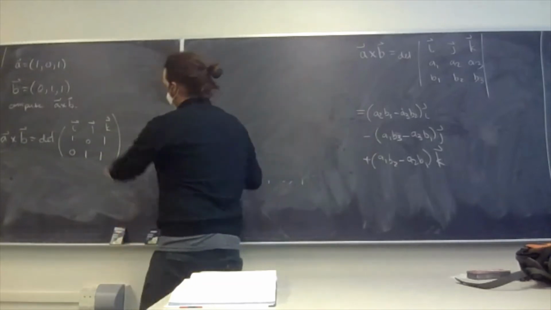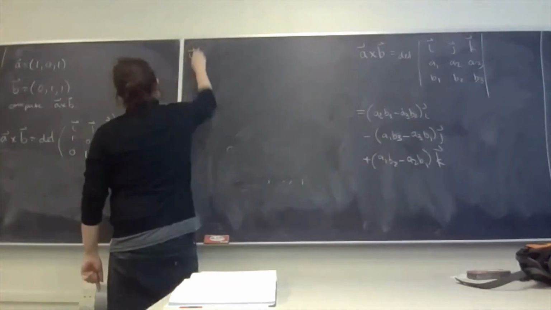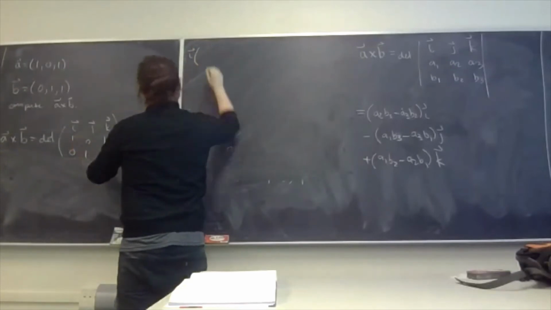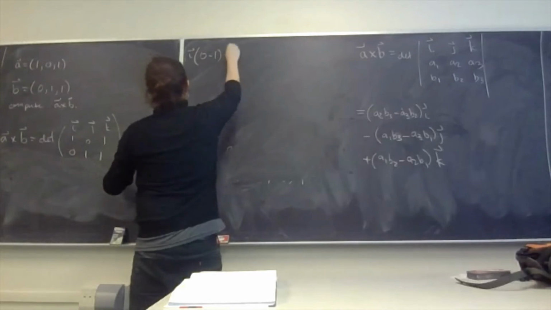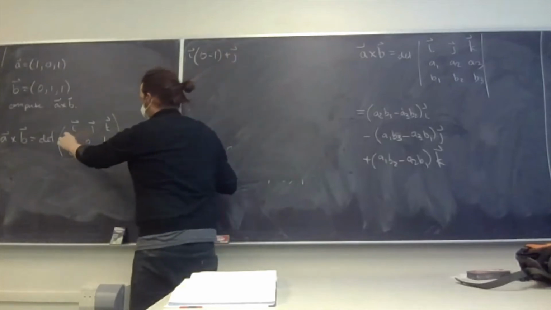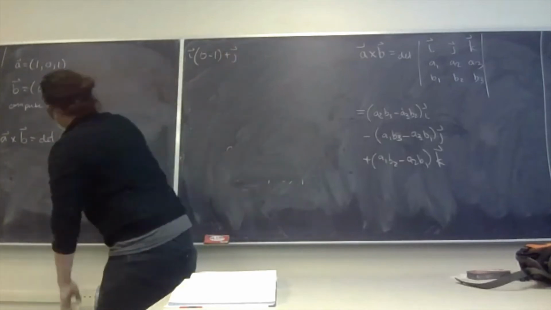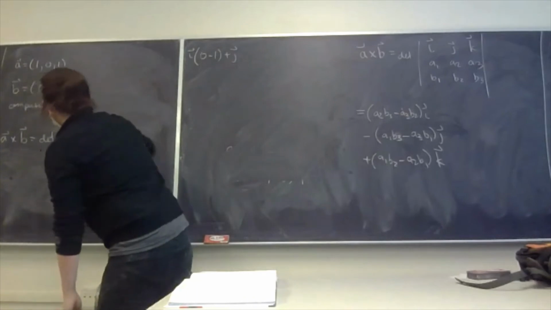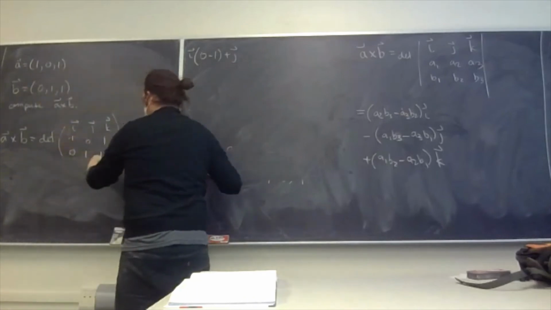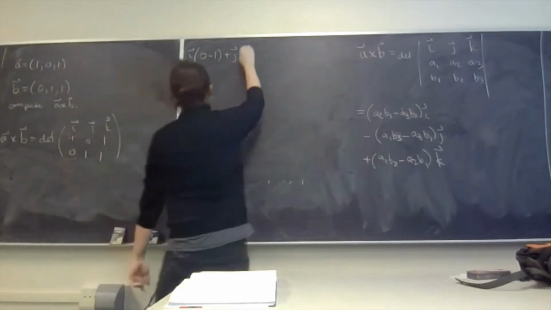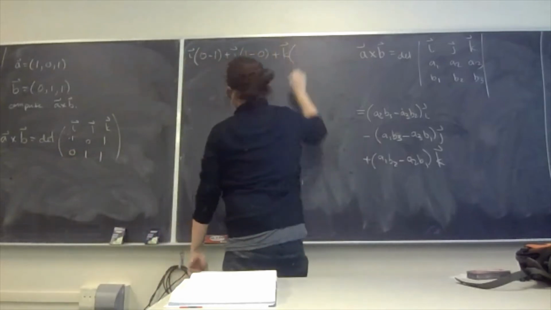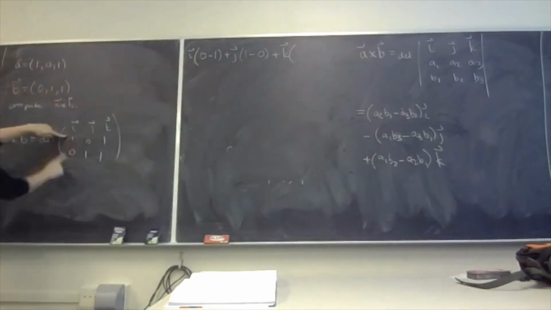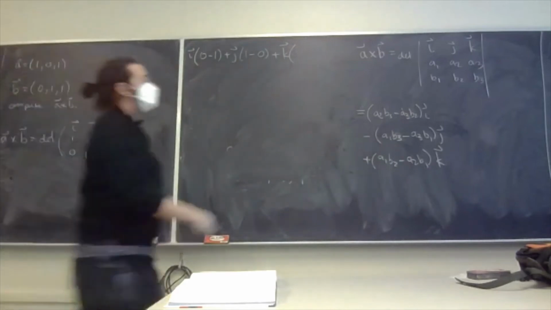So if you do that, you're going to get I times 0 times 1 is 0 minus 1, plus J times the determinant of the matrix made out of these bits here, which is 1 times 1 minus 1 times 0, plus K times the determinant of this matrix, which is 1 times 1 minus 0 times 0.